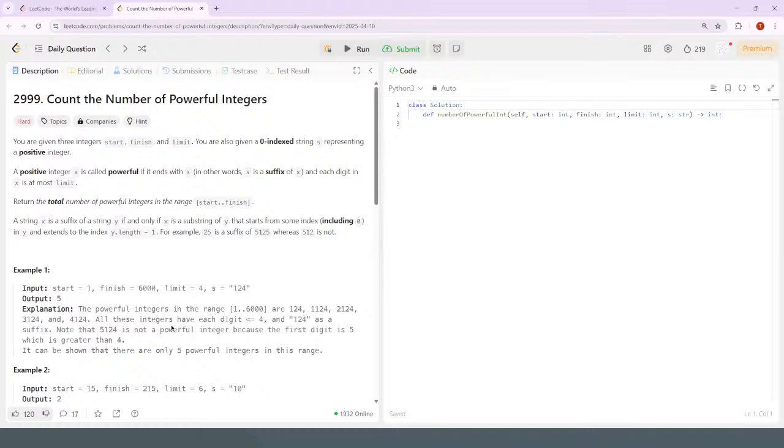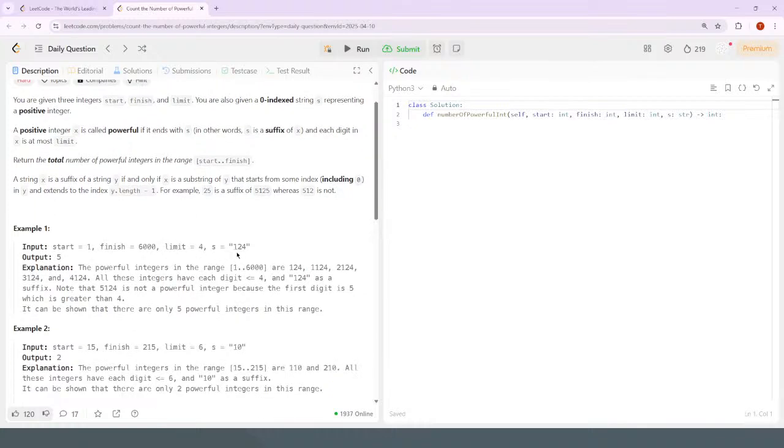Note that 5124 is not powerful, because the first digit 5 is greater than the limit. So 4 is not the number of digits, it's the maximum digit within the number.